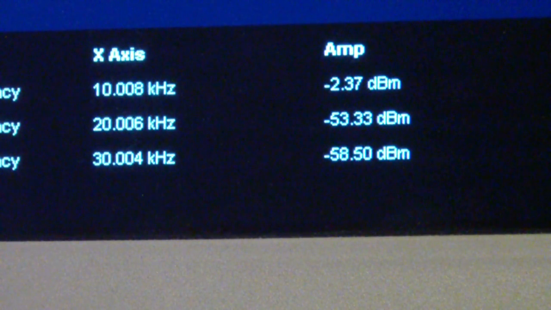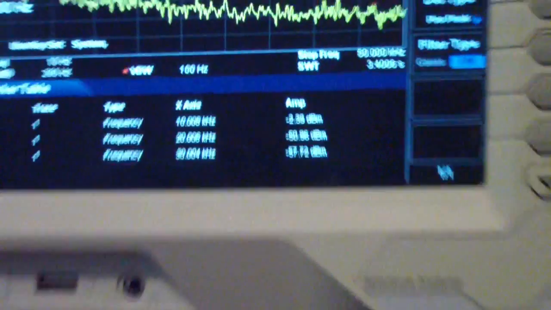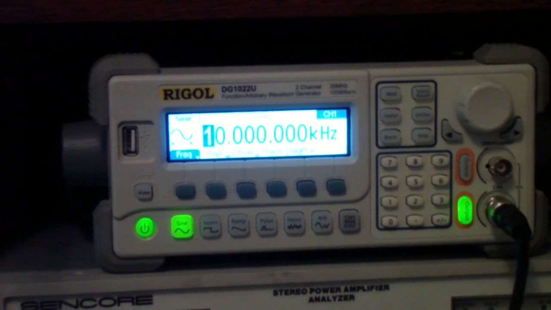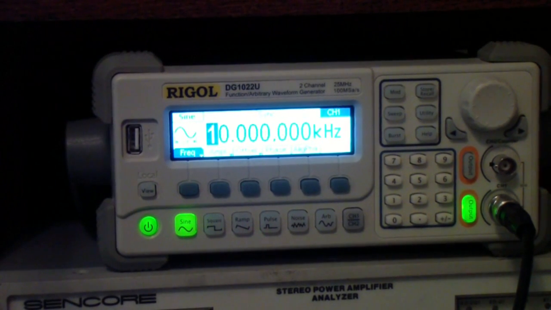So the Analog Discovery 1 and the Analog Discovery 2 both compare very favorably with a couple of very modern signal generators. The Siglent that I looked at earlier only came out earlier this year, 2016. This Rigol that we're using over here is one that I have used for several years. It's the 1022, and it has a good reputation as well.